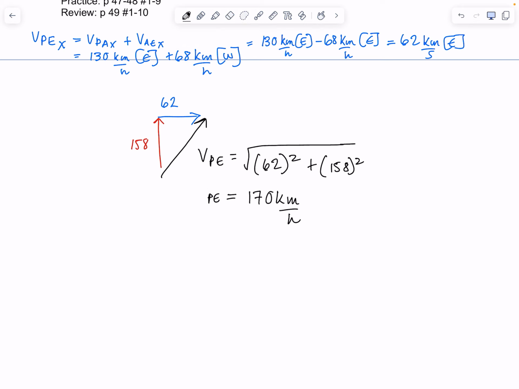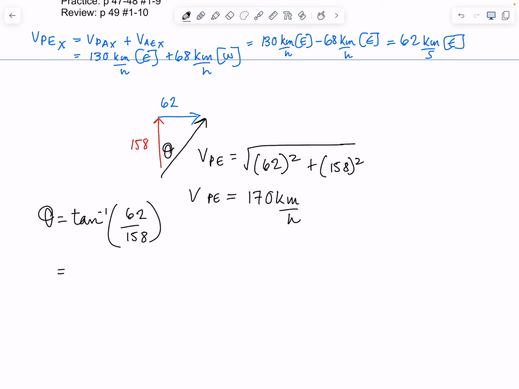It's just the magnitude. If I want to find the angle, I need to calculate theta. Every time we've done a right-angled triangle, finding the sum using vector components, we've always used the inverse tan of opposite over adjacent.